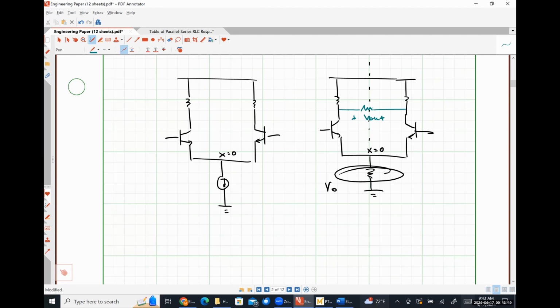Or you can apply all of the differential input voltage on one side and none of it on the other side. You find out that the gain of the half circuit is literally the full gain of the system. It doesn't matter what percentage of the differential input you put on one side or the other, the gain is going to be the exact same as the half circuit.